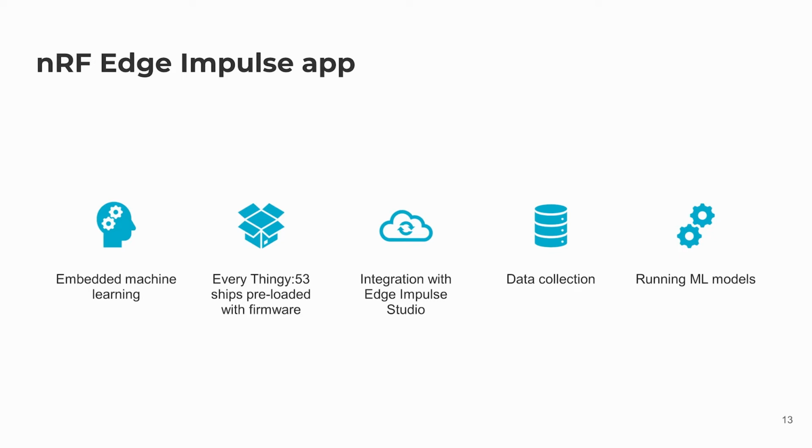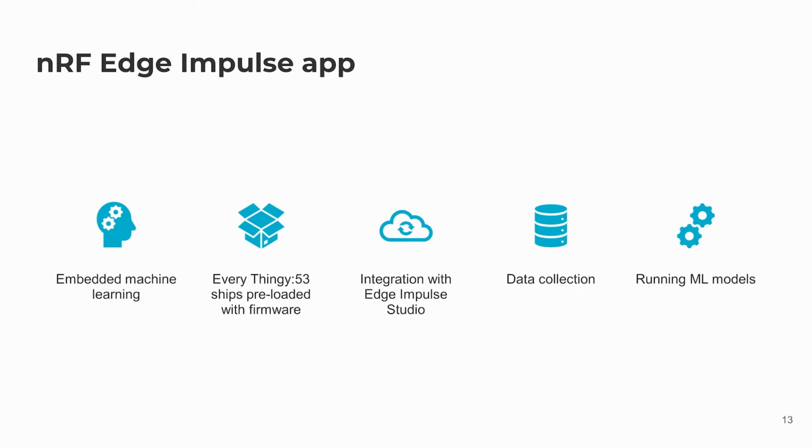The app acts as a bridge between Edge Impulse Studio in the cloud and your Thingy53 hardware, and it takes care of both data collection and downloading and deploying fully trained ML models on your Thingy53.